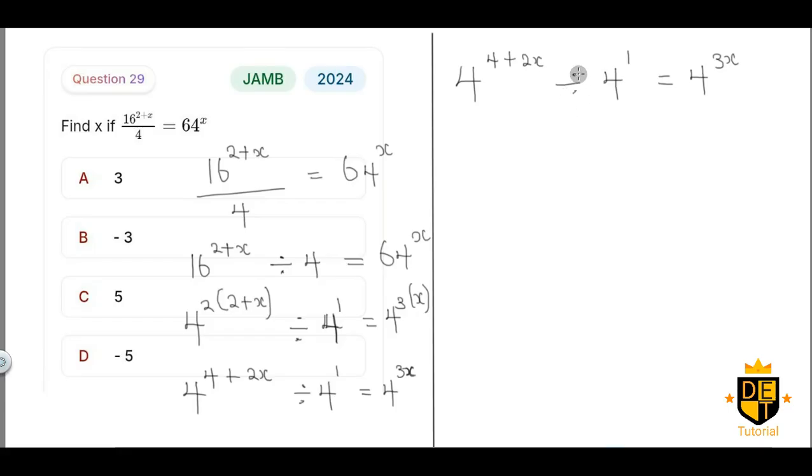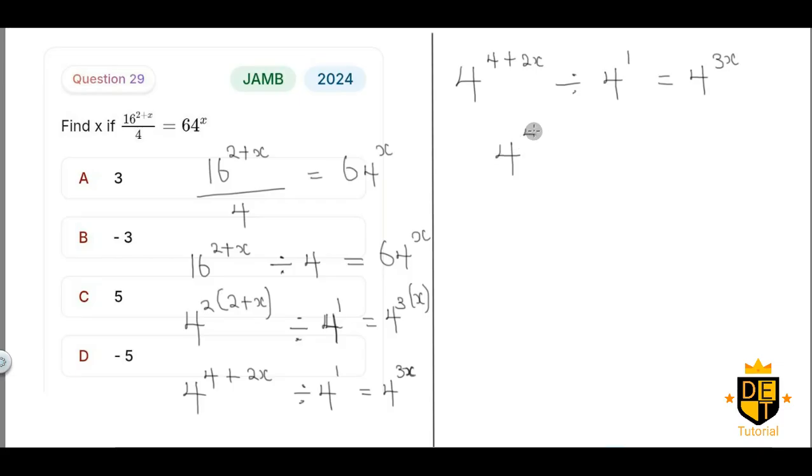What I'm going to do first is resolve this division: 4 raised to the power of (4 plus 2x) divided by 4 raised to the power of 1. Since the base numbers are the same, I will take one of them, which is 4, and subtract the powers.